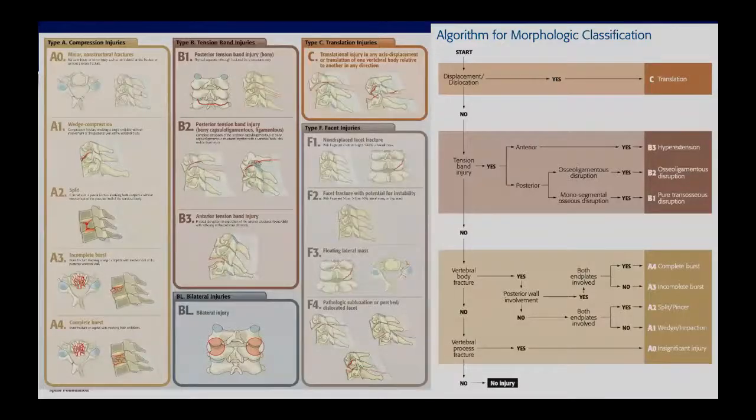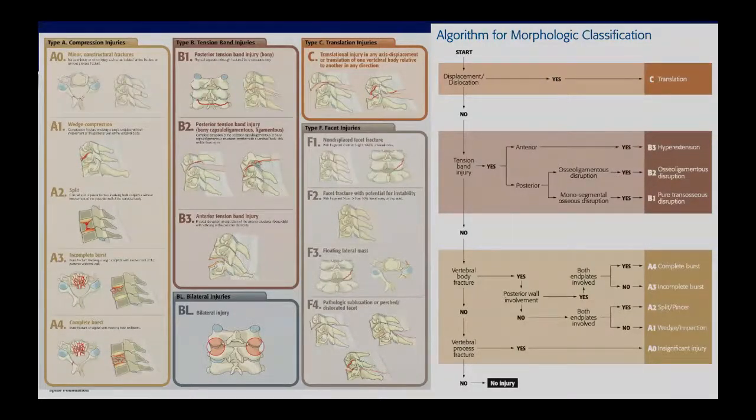And to get into it a little more specifically, we have the compression type injuries in type A with 0 through 4, increasing severity, and then the tension band injuries, so the B1, which was completely bony posterior tension band injury. They found very few of these actually in their initial classification study.